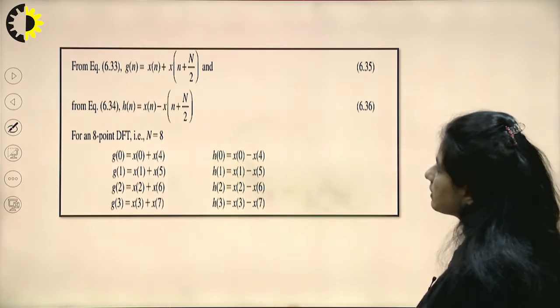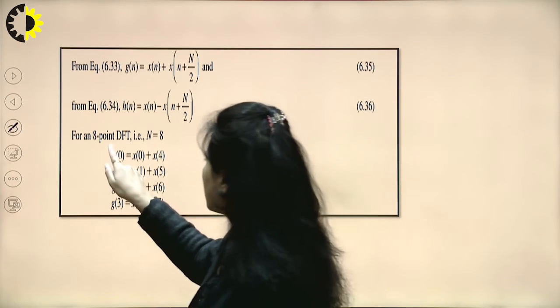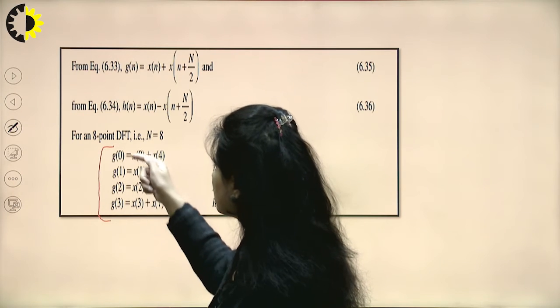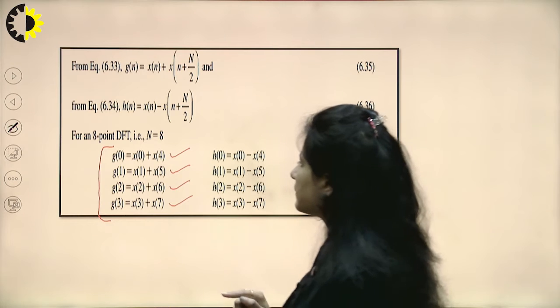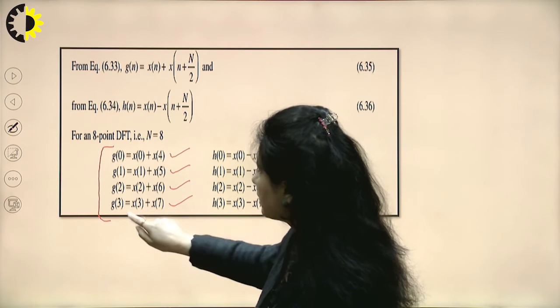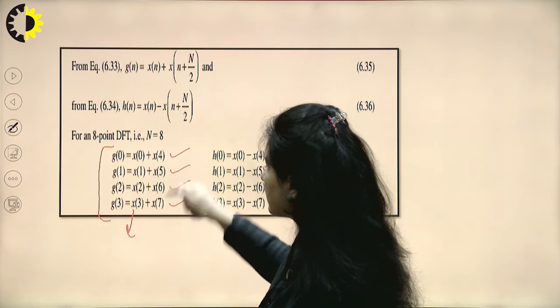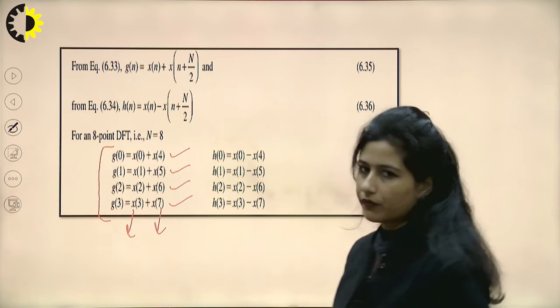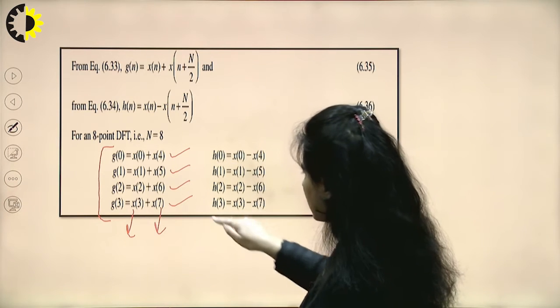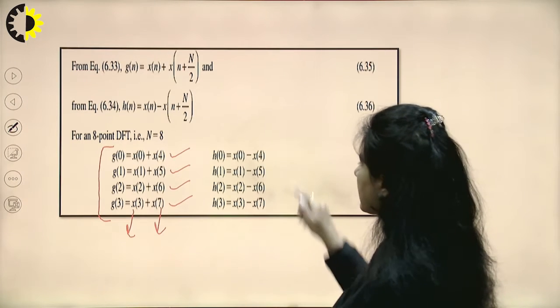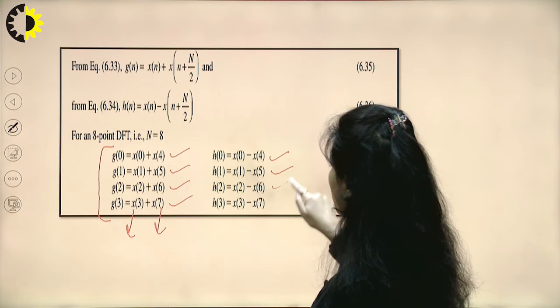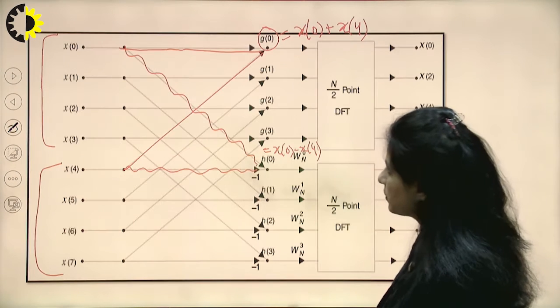So this algorithm says that the upper part, that is G0, 1, 2 and 3, is the addition of samples. 0, 1, 2, 3 are the first half samples, and 4, 5, 6, 7 are the last half of the samples. But when I calculate H0, 1, 2 and 3, which is the lower part value, they are the difference of these two values.